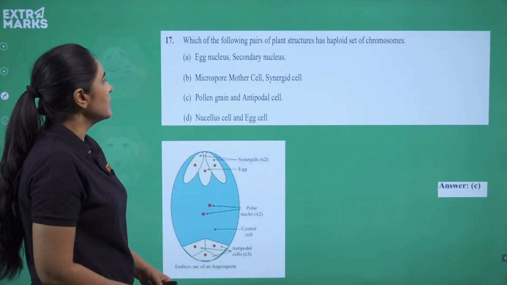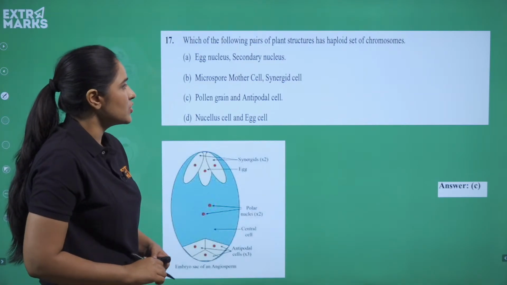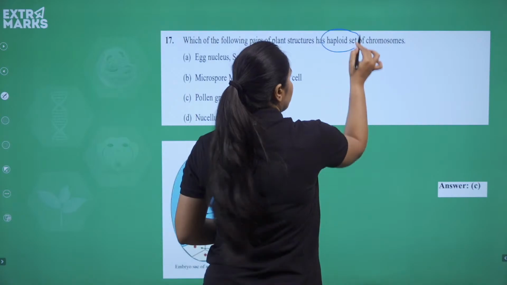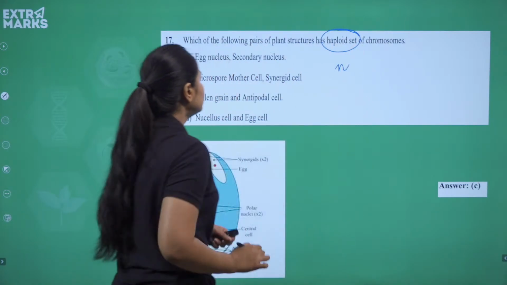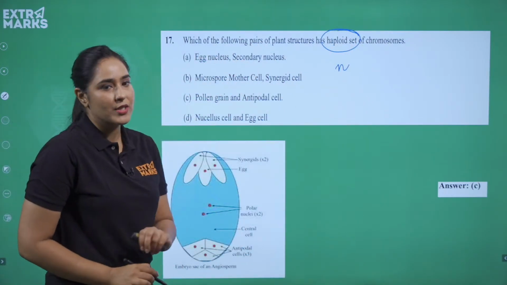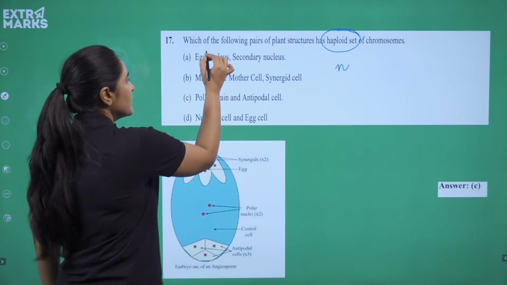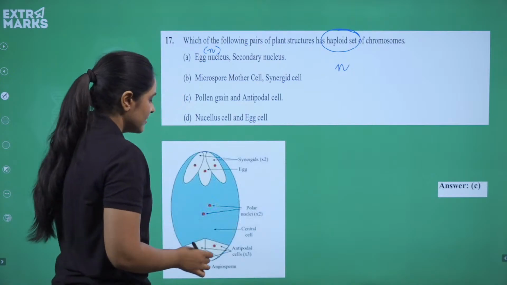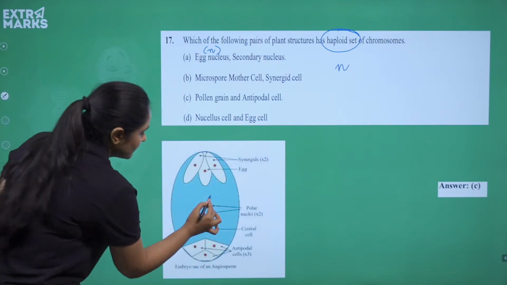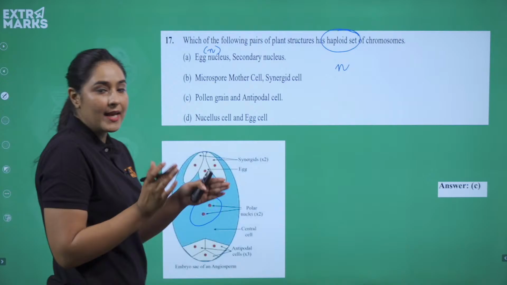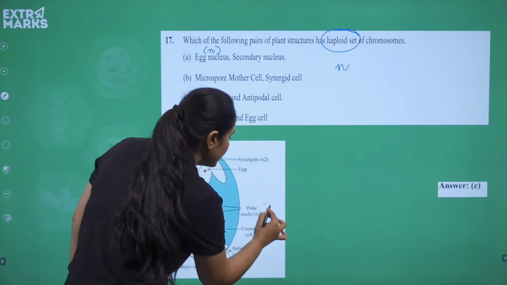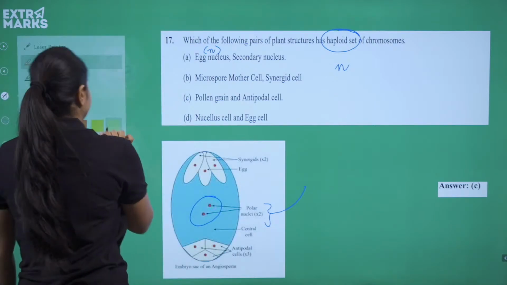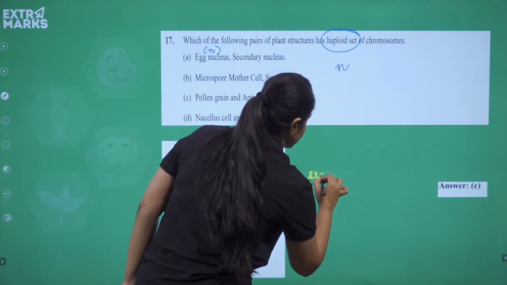Another question, which of the following pairs of plant structures has haploid set of chromosome? We have to see haploid. Egg nucleus, secondary nucleus. So egg nucleus, obviously it is having N. But if we talk about the secondary nucleus, see here students, polar nuclei, when they are combining, it is forming here secondary nucleus.